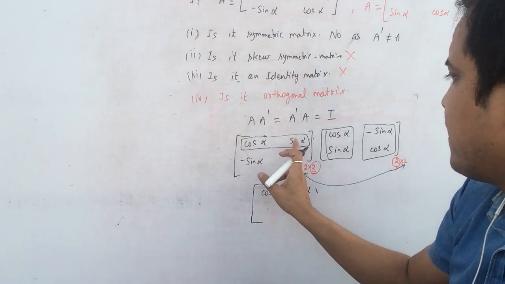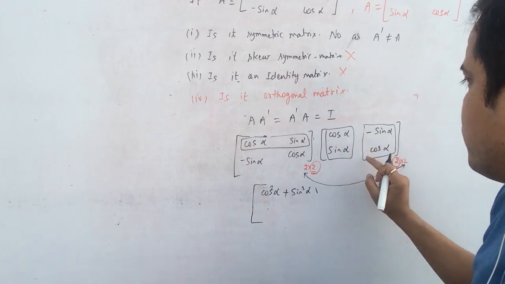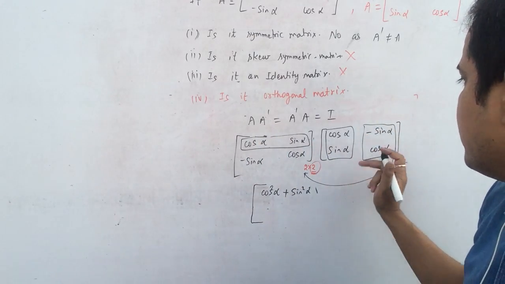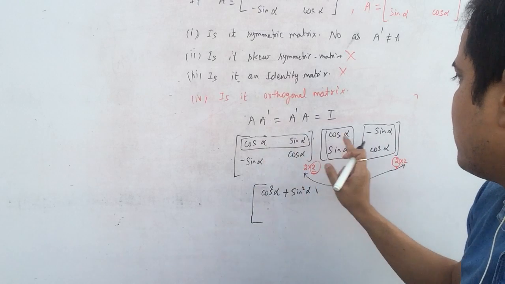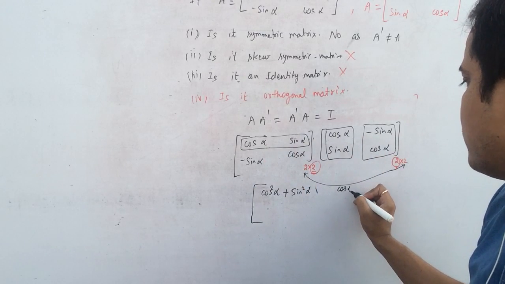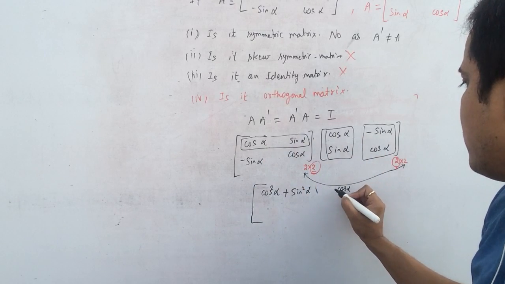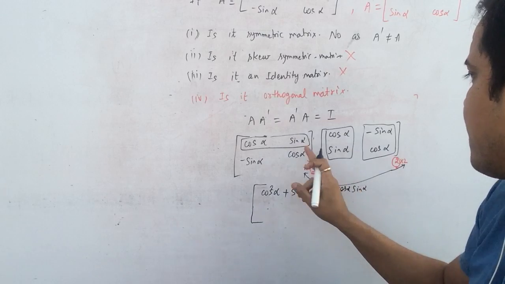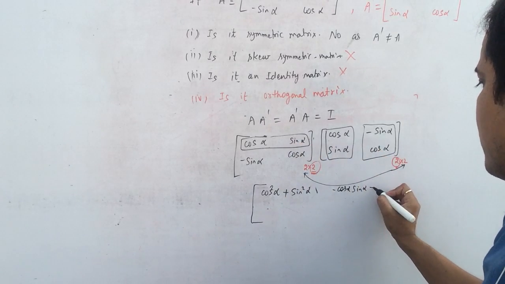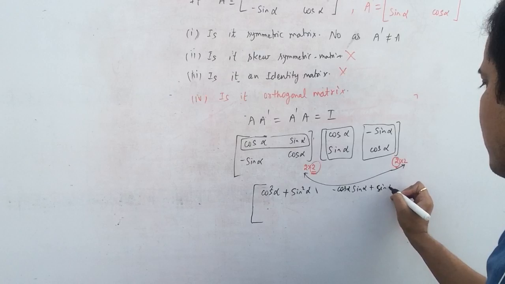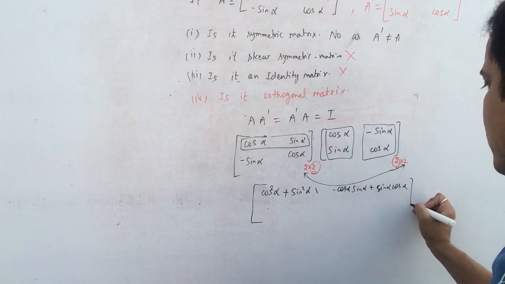Then the first row with the second column: cos alpha into minus sin alpha, plus sin alpha into cos alpha.